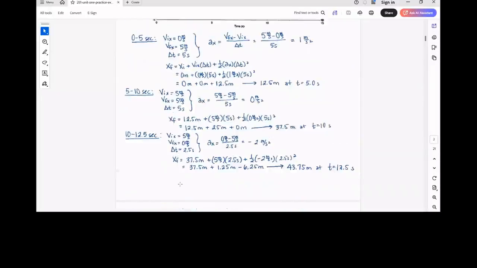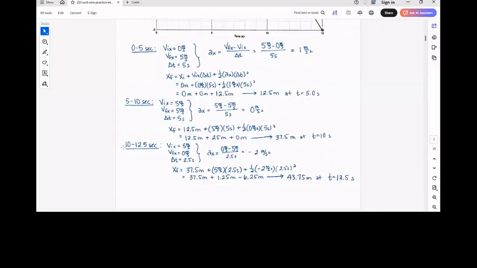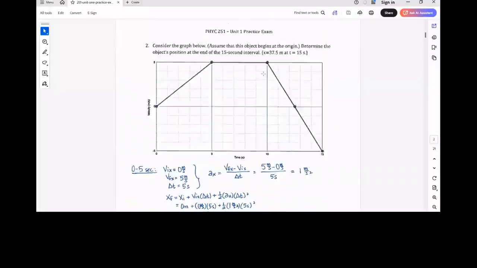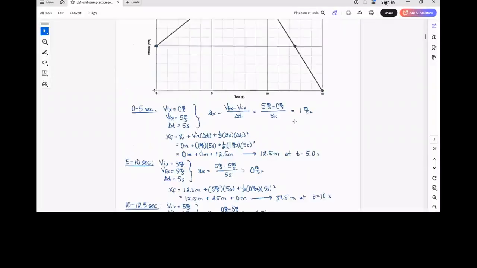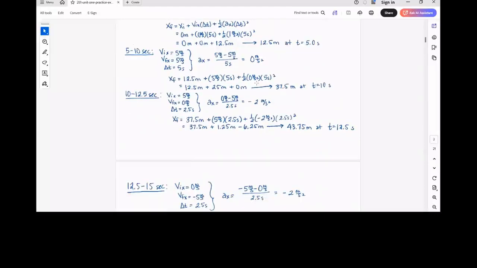Now for our middle step here from 10 to 12.5 seconds, if we take a look at this, the slope does not actually change at 12.5 seconds, but something about what this object is doing changes at 12.5 seconds. So I've got a new slope to calculate, -2 meters per second squared.